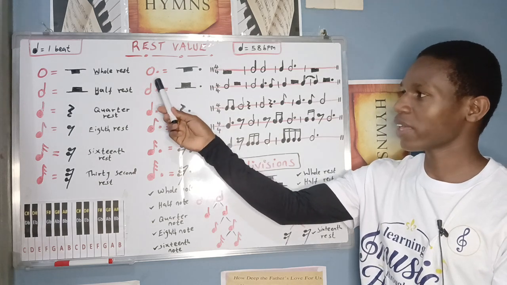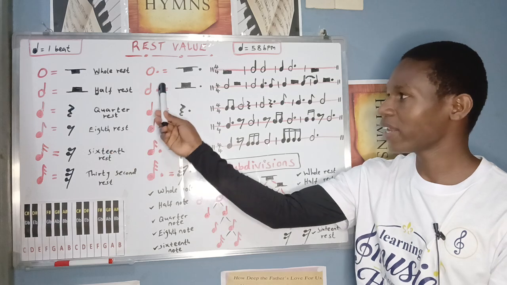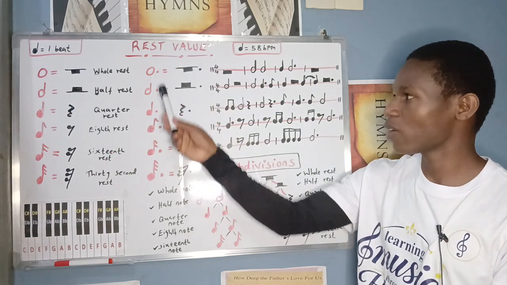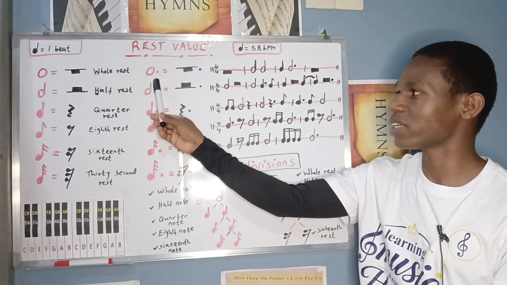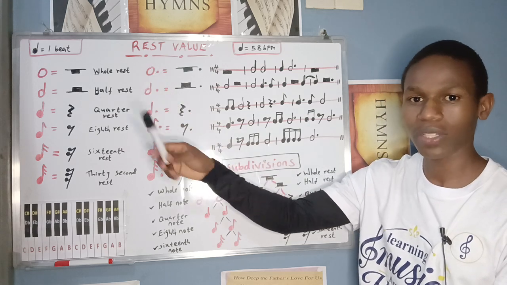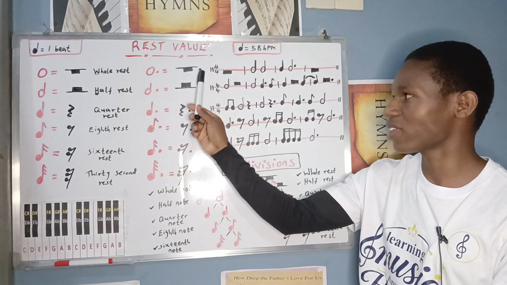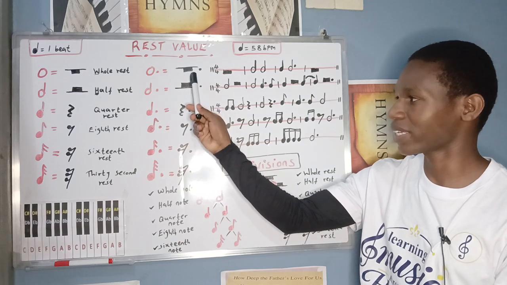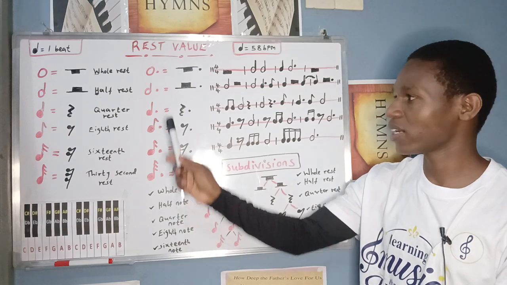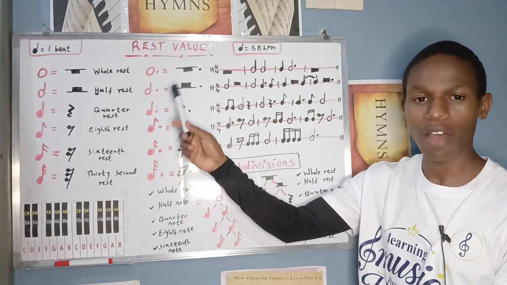If our regular notes have dotted notes, the same thing goes with rests. If I ask you how many beats a dotted whole note has, you'll say 6, and the same thing with a dotted whole rest.